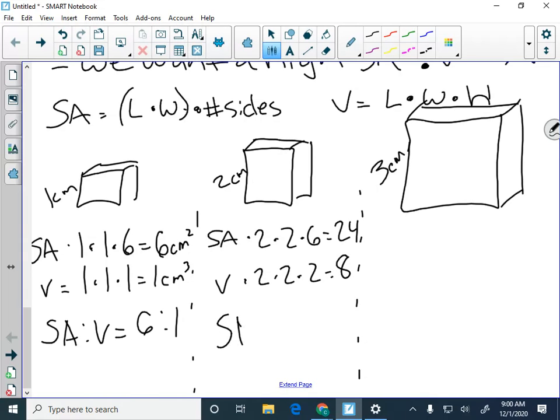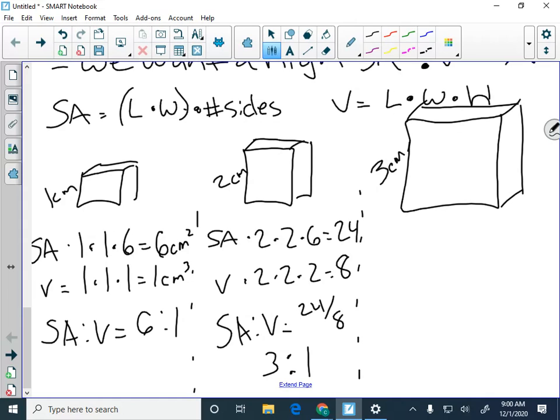So our surface area to volume ratio is 24 over 8, or 3 to 1. So when everything doubled, when we went from 1 centimeter to 2 centimeters, our surface area to volume ratio went from 6 to 1 to 3 to 1. So our surface area to volume ratio went down. When our volume increased, our surface area also increased, but not by as much.